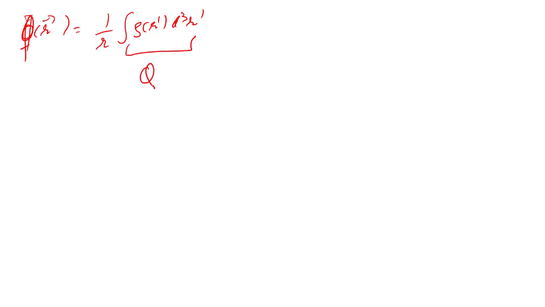So if you go back to the potential and the multipole moment, the way we defined and did the Taylor expansion and look at those terms, then what we have for phi of r is 1 over r times the integral of rho of r prime d cube r prime, which is the total charge, plus ri by r cubed times the integral of r prime rho of r prime d cube r prime.